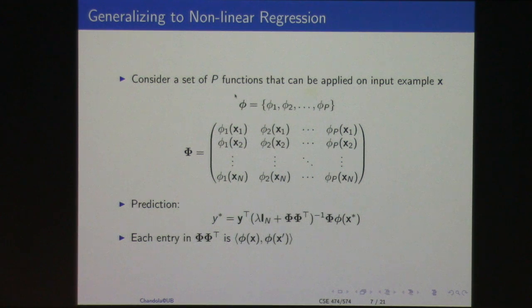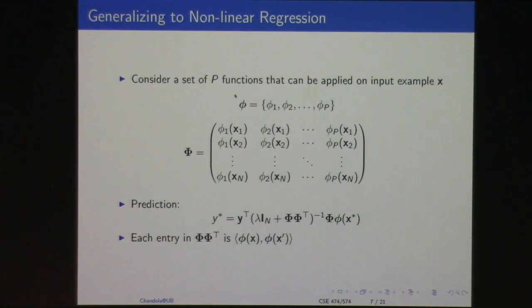If your basis functions are nonlinear in nature, then once you map your data into this new p-dimensional space by applying p basis functions, the lines that you will learn in that p-dimensional space will look nonlinear in your original space. So that is the idea, right?